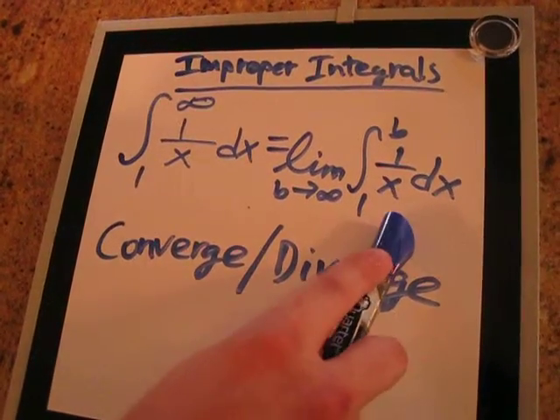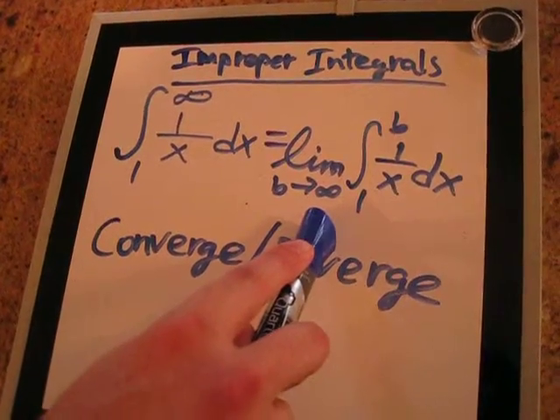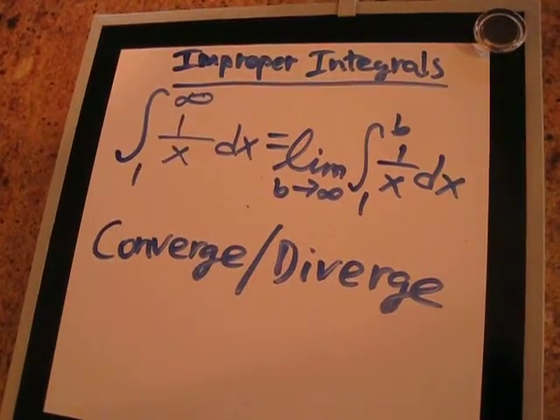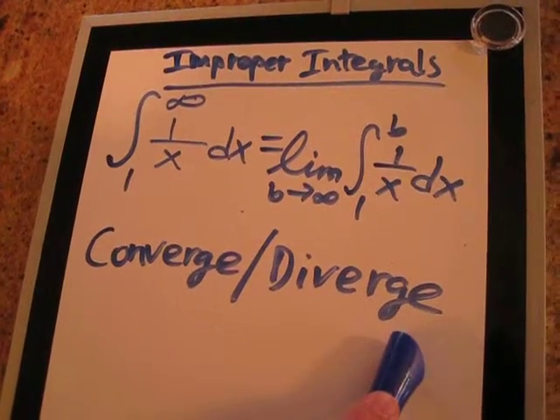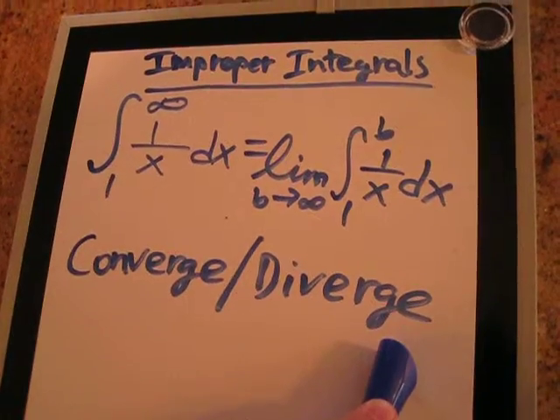In other words, you'll integrate the integrand, but then when you apply the limit, you will get a form of infinity as your final answer. So that is called a divergent improper integral.